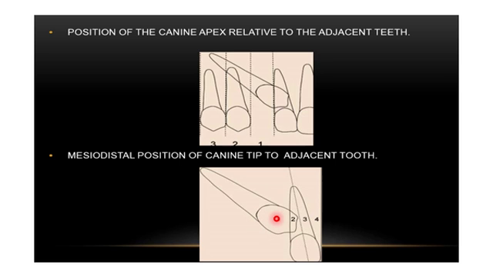Sector number 1, when the canine tip is positioned distal to the tangents of the lateral incisor, while sector number 2 is when the canine tip is positioned distal to the midline of the lateral incisor, and sector number 3 is positioning of the cusp tip of the canine medial to the midline of the lateral incisor, and sector number 4 is when the cusp tip is located here, which is medial to the medial tangents of the lateral incisor.